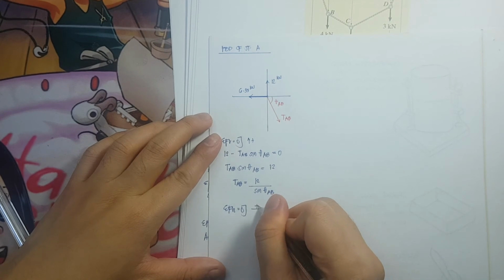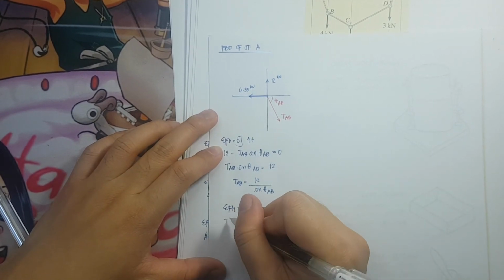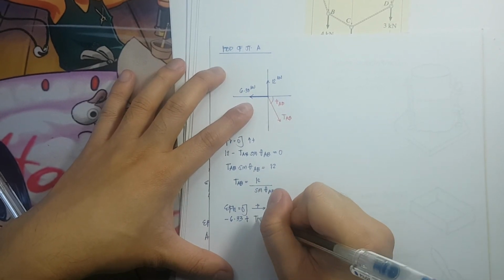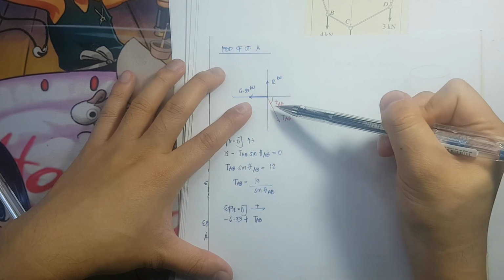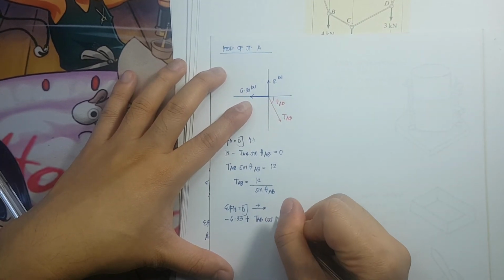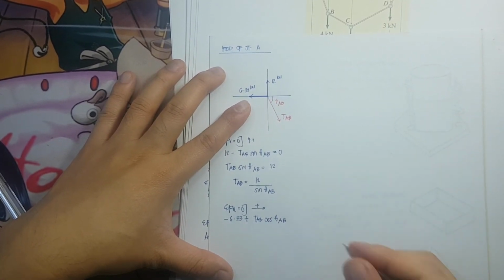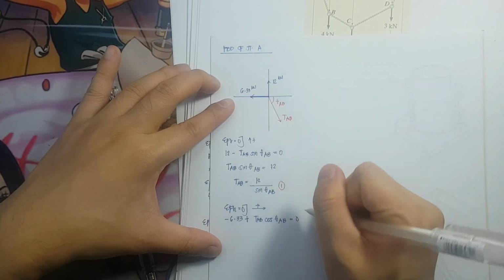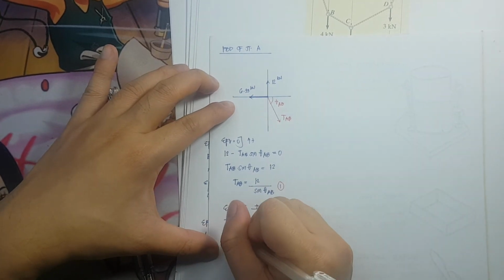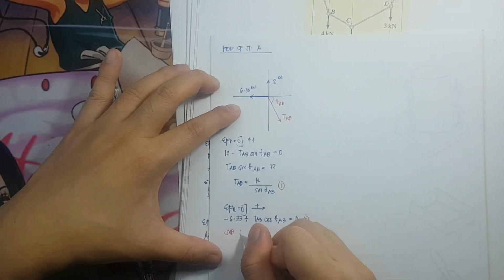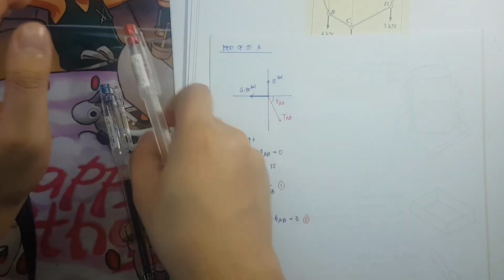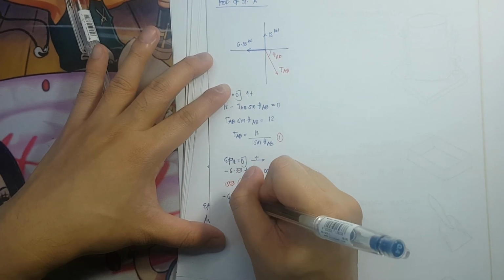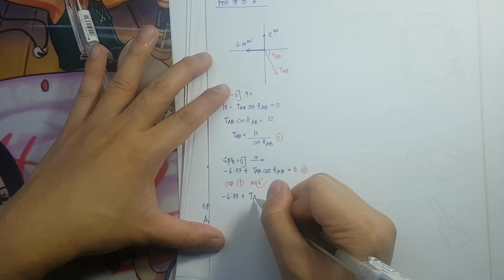All forces towards the right are positive. So we have negative 6.33 plus TAB cosine theta AB, adjacent, equivalent to 0. This is my equation 1 and this is my equation 2. So substituting 1 in 2, we have negative 6.33 plus TAB.